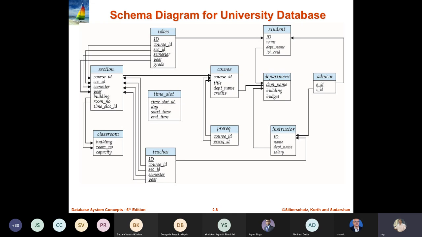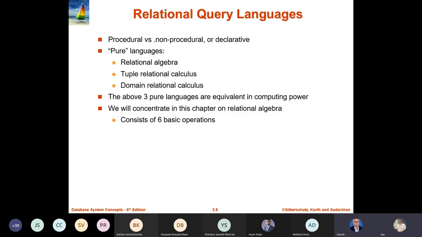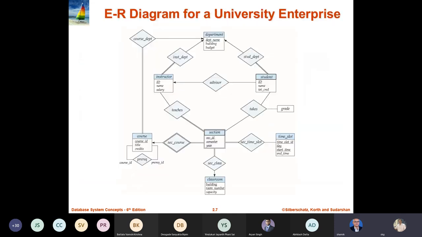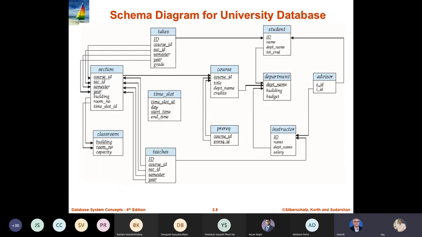In this relational model, each individual relation has a schema which takes care not only of the attribute set but also of the referential constraint, or foreign key constraint. So from this ER diagram we can represent it as a set of tables or relations.